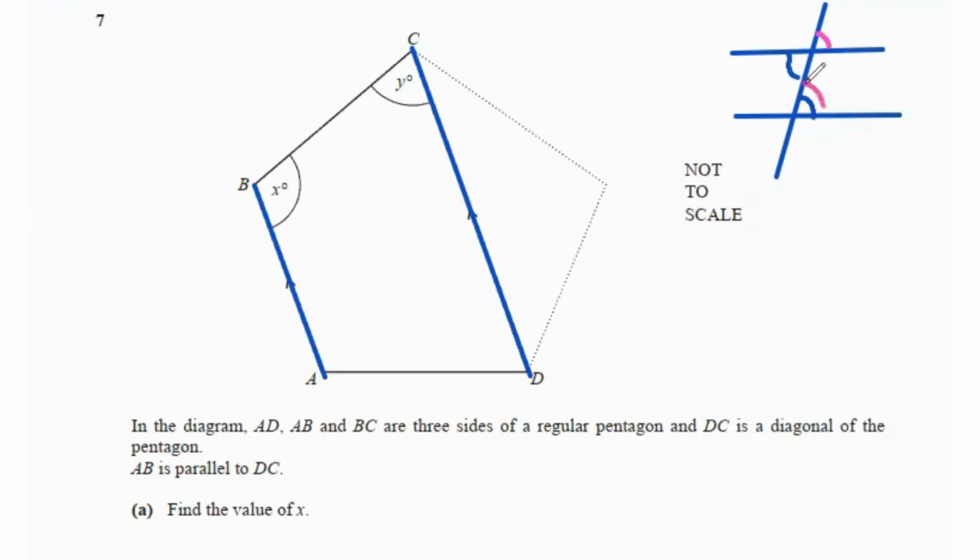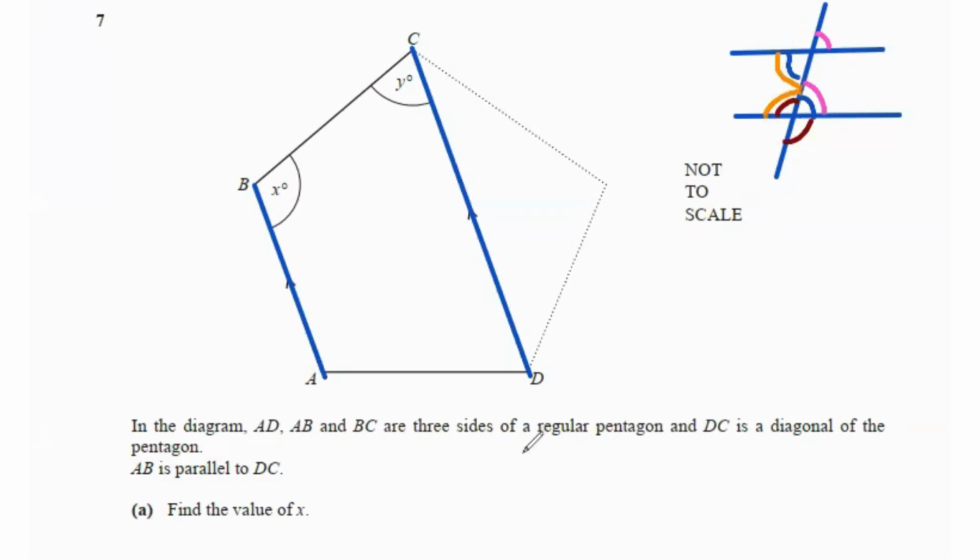Corresponding angles are equal. And vertically opposite angles are equal. And the last rule, which is co-interior angles, add up to 180.